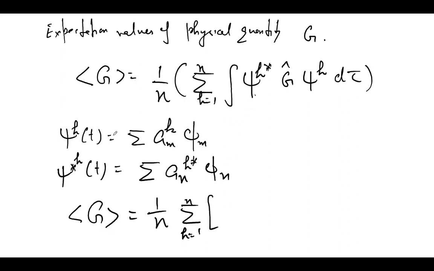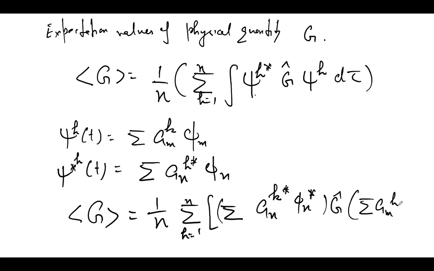So when I put in the values of phi k star and phi k, the equation becomes summation of ank star phi n star G operator into summation of amk phi m d tau.